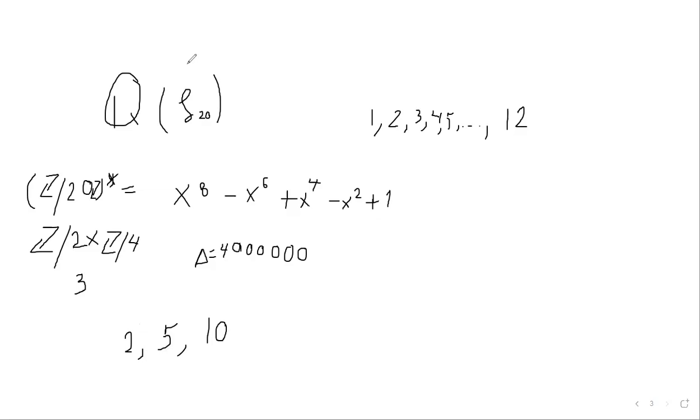What are these numbers? The divisors of 20. Square free divisors for quadratic subfields. Okay, so there's 2, 5, and 10. I guess that's it, right? Or are there 6 or 3? Only 3, right?